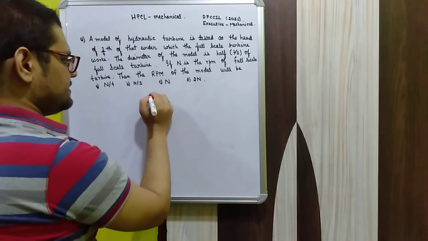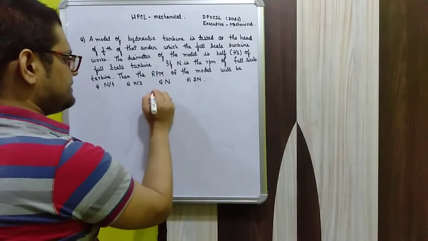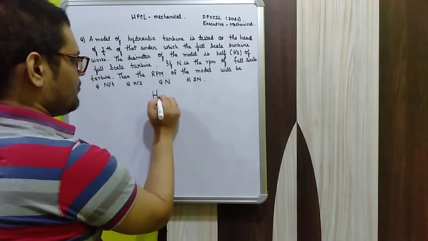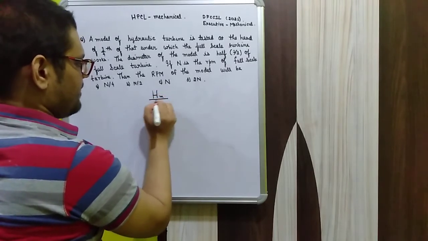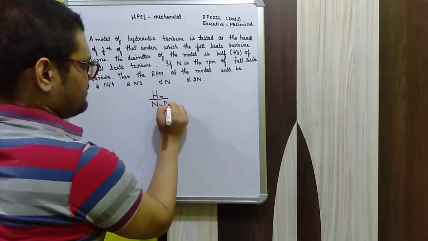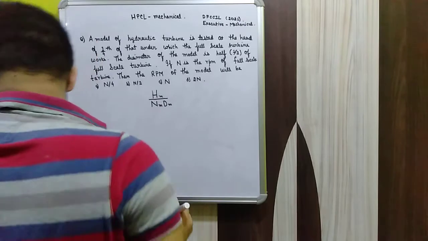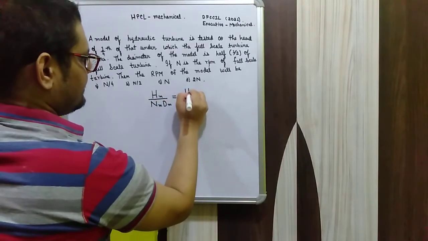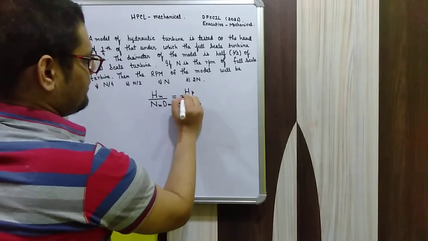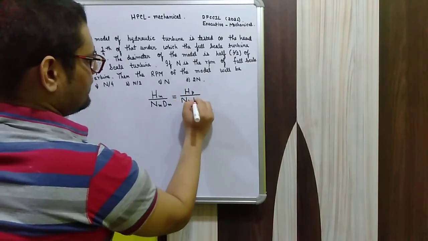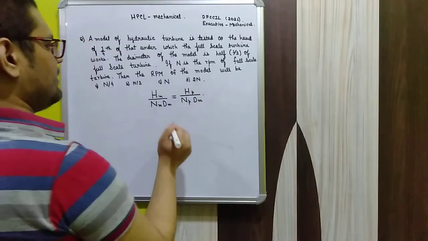We know the expression: H, that is the head, for the model, divided by N, the speed of the model, and D, the diameter of the model, is equal to the head of the plane divided by the speed of the plane into the diameter of the plane. I hope you have understood.